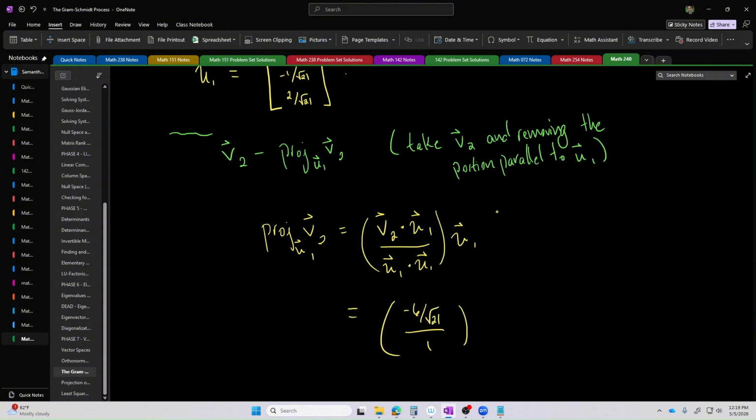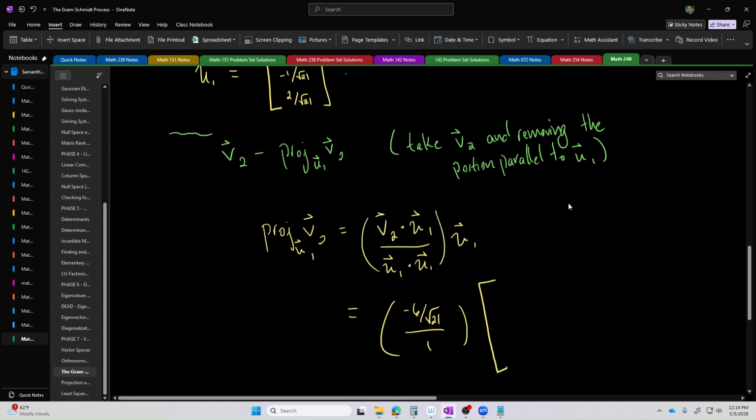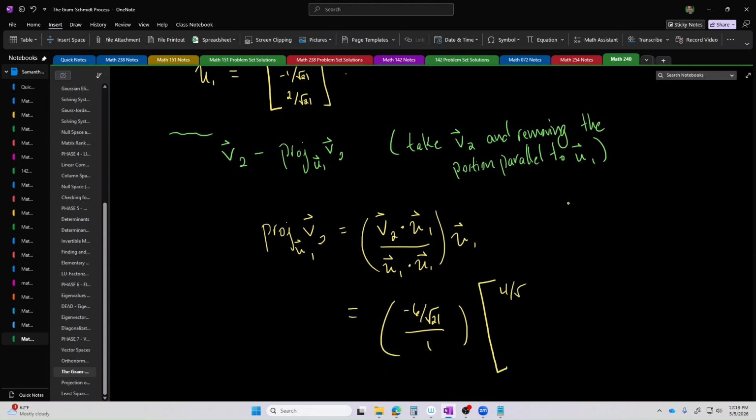And that scalar would then be applied to the u1 vector. So copying the u1 vector from earlier, that would be 4 over root 21, negative 1 over root 21, and 2 over root 21.